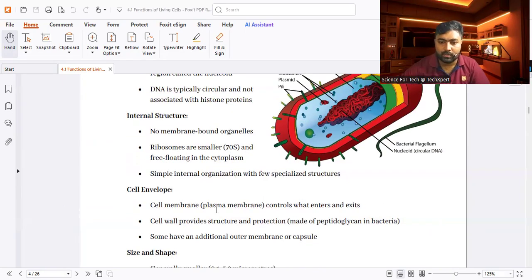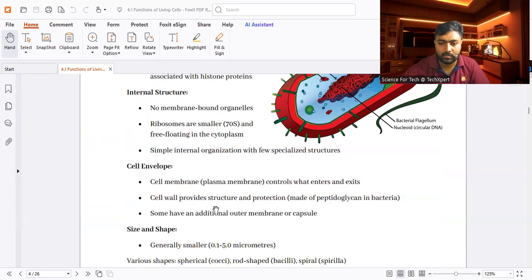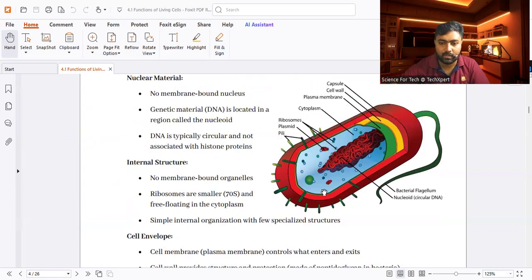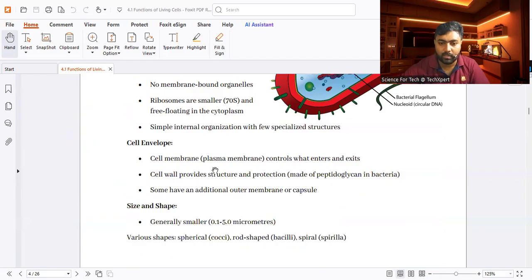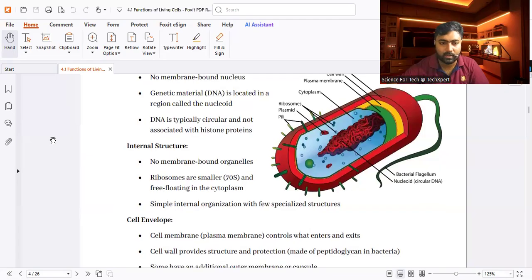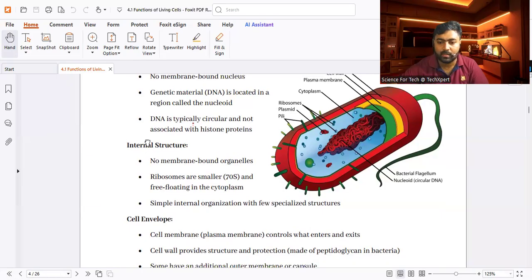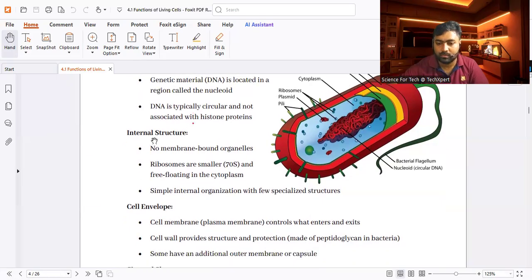Okay, internal structure is done. Then cell envelope. Cell envelope means the outer region. The cell membrane, or plasma membrane, controls what enters and exits. It acts as a gate. That gate allows the things which should enter and exit.